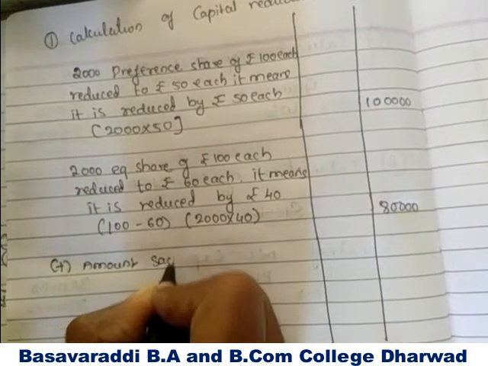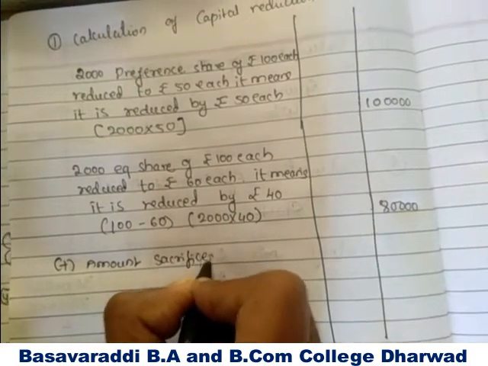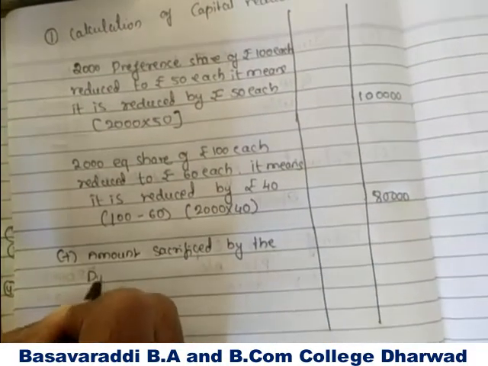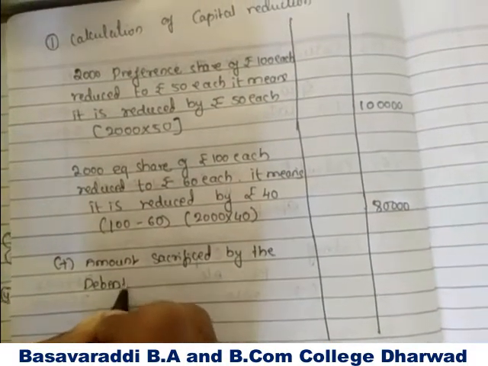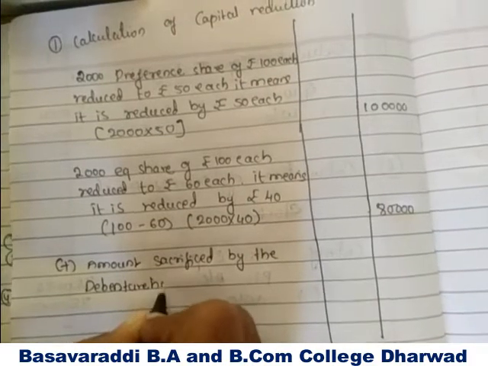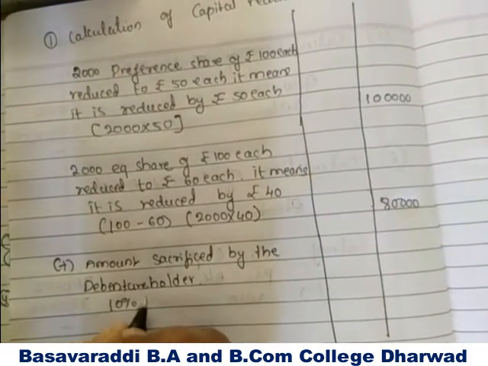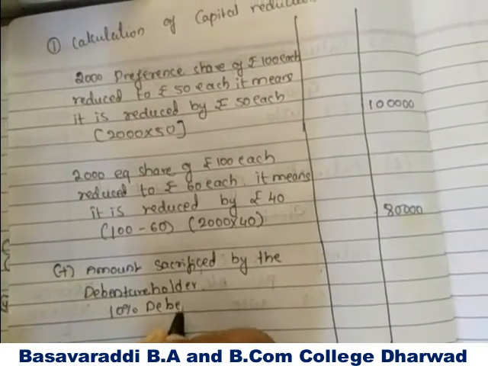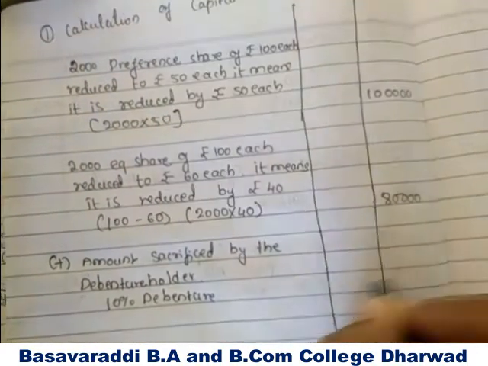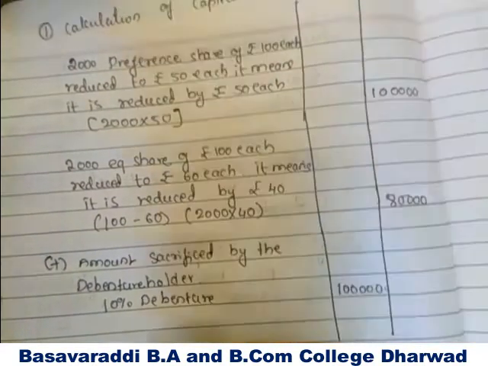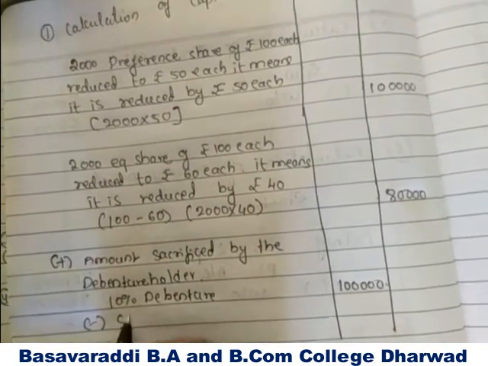And the amount sacrificed by the debenture holder: 10% debenture is equal to amount 1 lakh, less stock taken over.